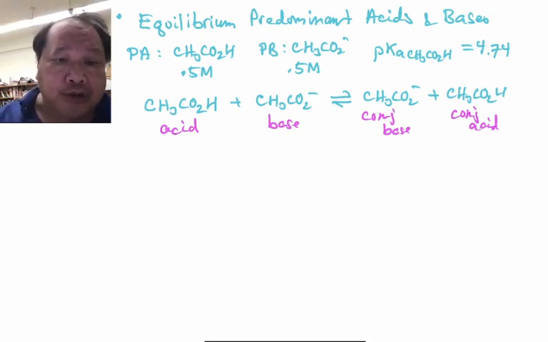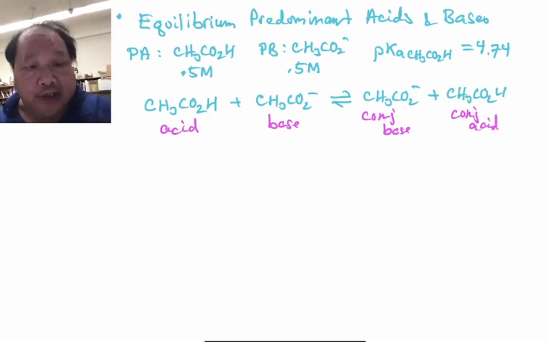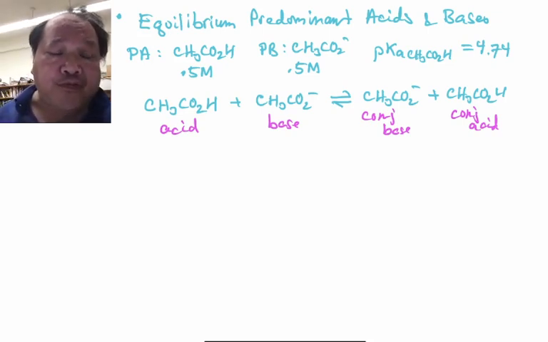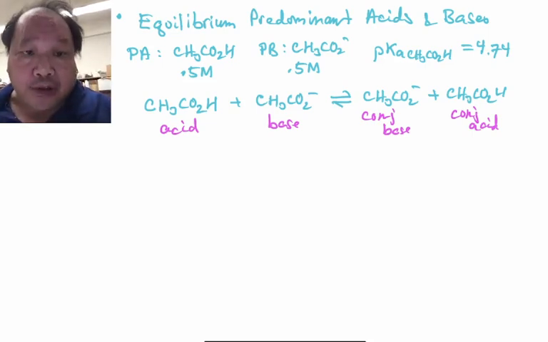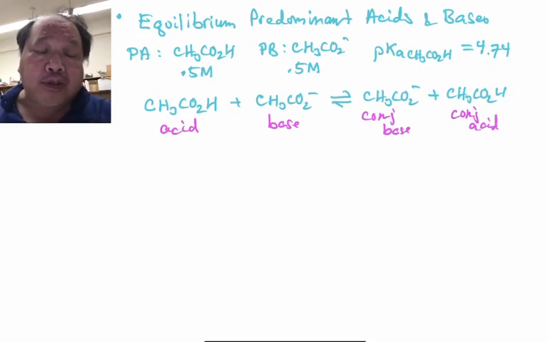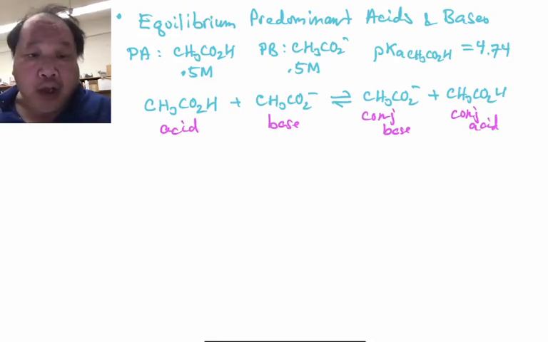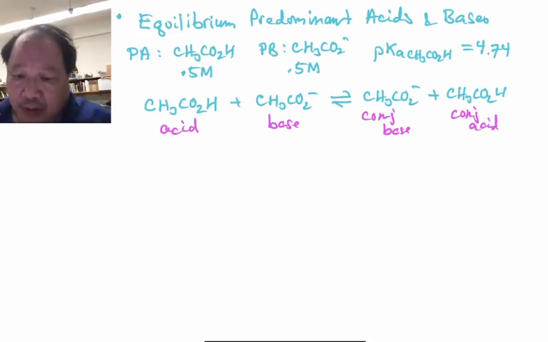And this has as a consequence, since these are the strongest acids and bases present, that the initial given CH3CO2H concentration of 0.5 molar and the given initial CH3CO2 minus concentration of 0.5 molar are in fact the equilibrium amounts, because they are not going to be changed by the reaction of the predominant acid and base. So we can go straight to figuring out the pH of the solution using the initial numbers. So I'll do that here.